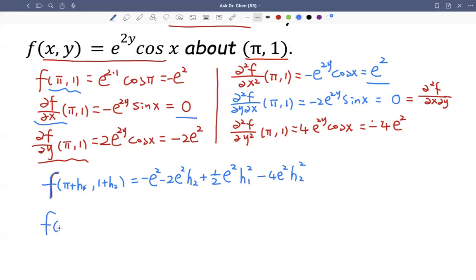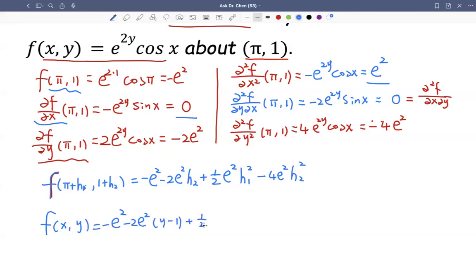Another way we can write it: we want to approximate some values around (pi, 1), and we could call the point x and y. Then we can write the function value minus 2e squared, and instead of writing h2, we can write y minus 1.